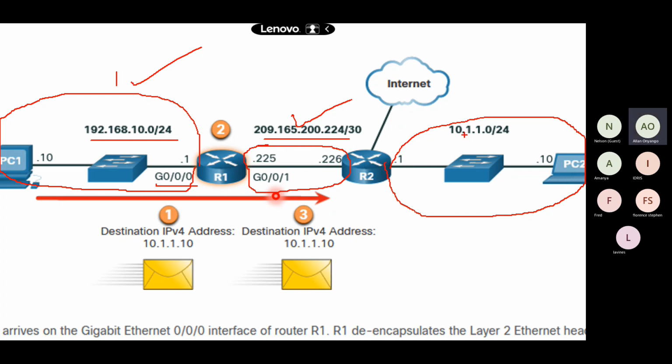Then, of course, we have already seen this is a third network. 10.1.1.0 is another network. So we have seen 2, and then we have seen 3. Now we have R2 also connecting us to the internet here. So the link from R2 to the internet is also another network.